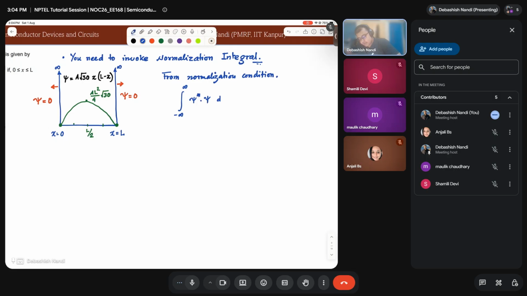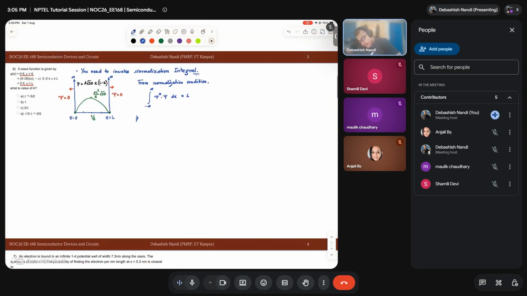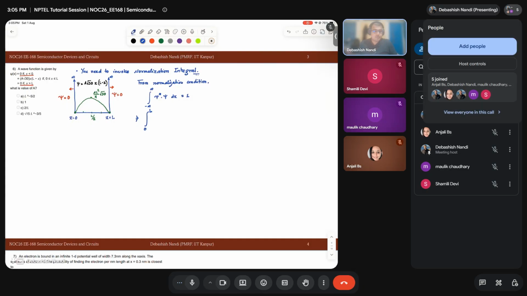This, equal to 1. Now according to my boundary condition, I can change my integration limits from 0 to L, and this psi star is the complex conjugate of the wave function.